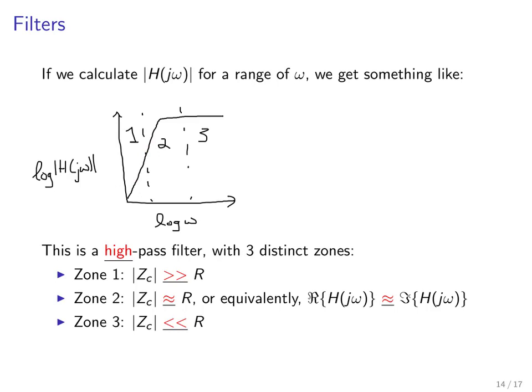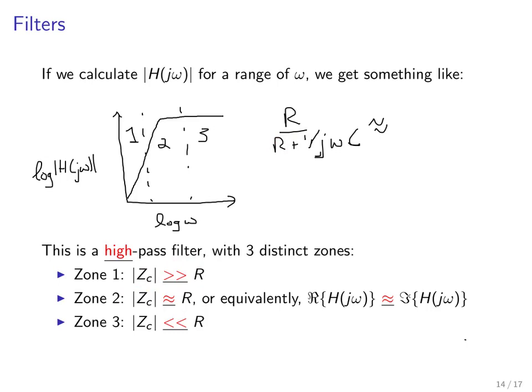If you recall, the transfer function has the form R over R plus 1 over j omega C. Then for very small omega, the impedance of the capacitor is much bigger than that of the resistor, so you can pretty much neglect the resistor term in the denominator.